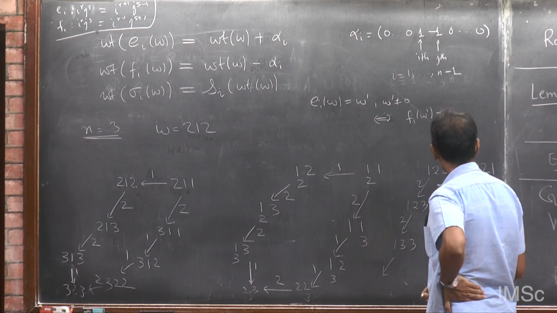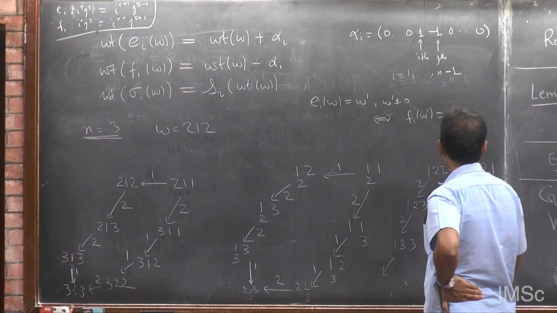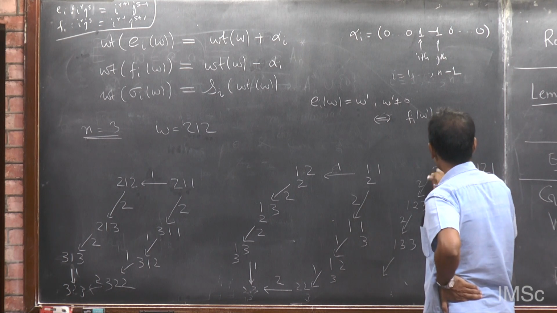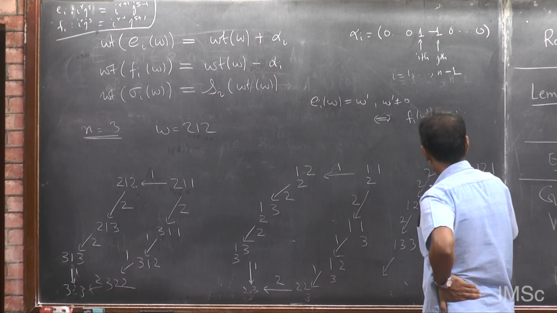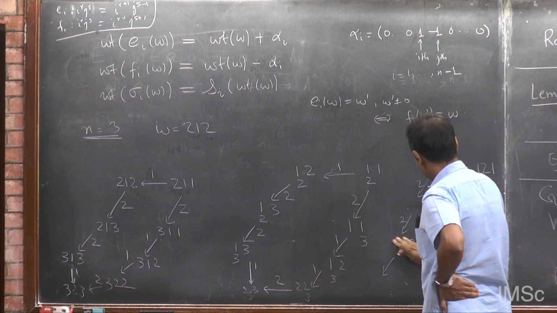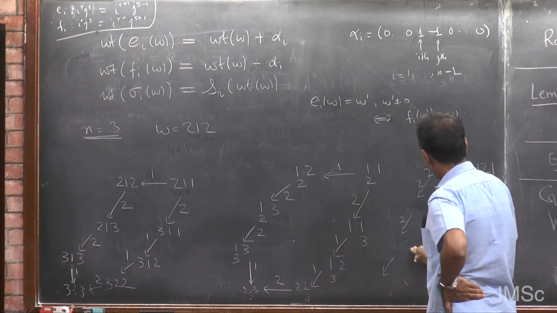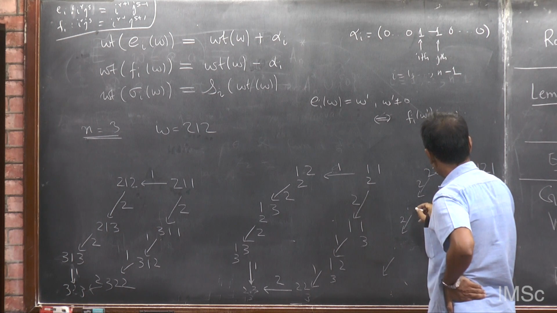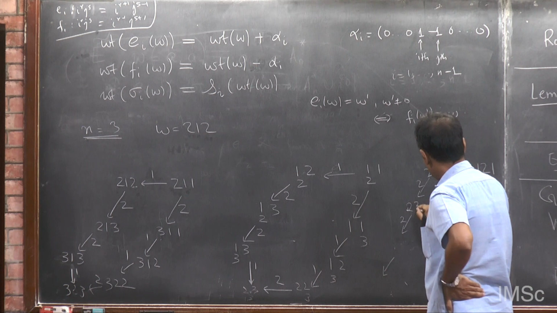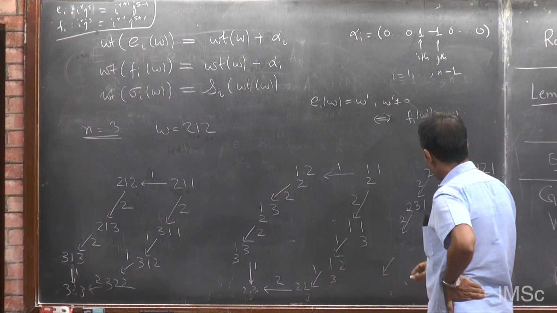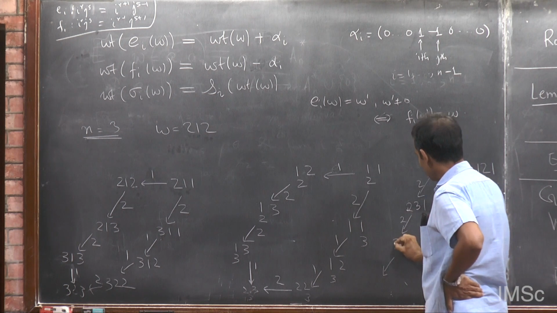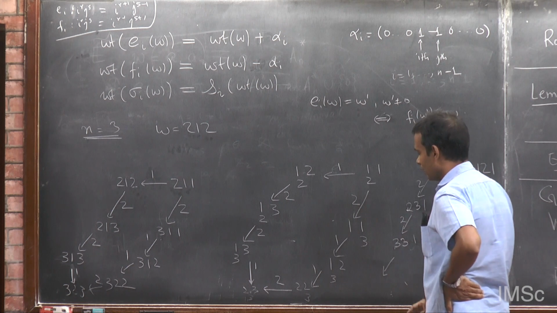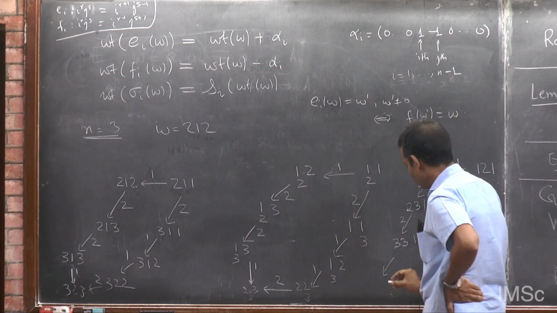Oh, yeah, I must freeze the 2 1. Then this is all wrong after that. So then if I apply F2, I will get 2 3 1, right? And then I apply F2, I will get 3 3 1, and then I will get 3 3 2.